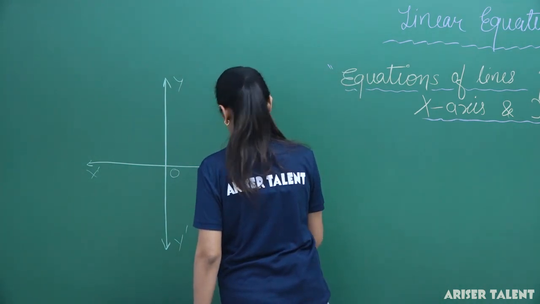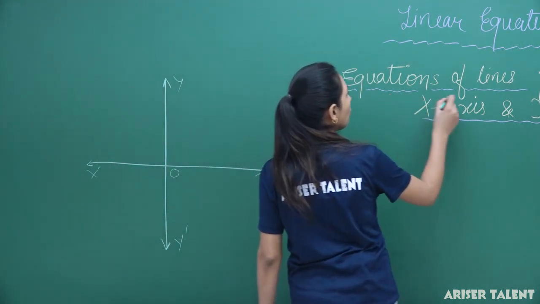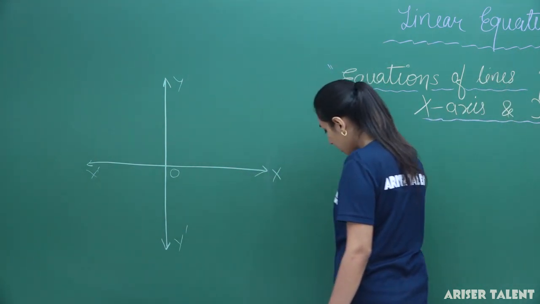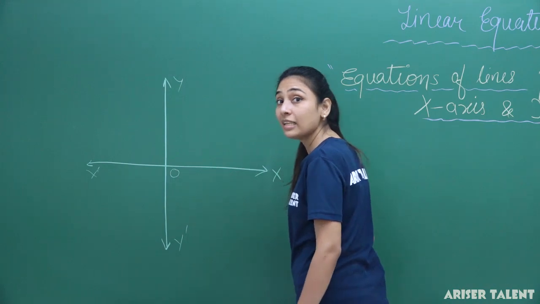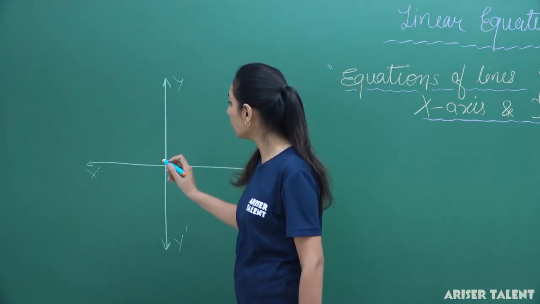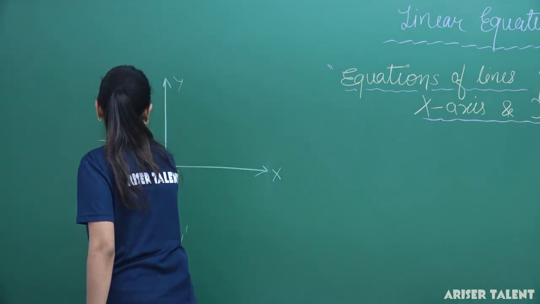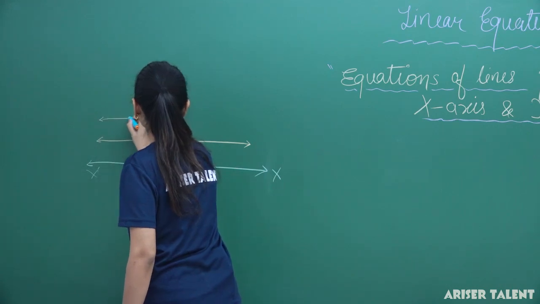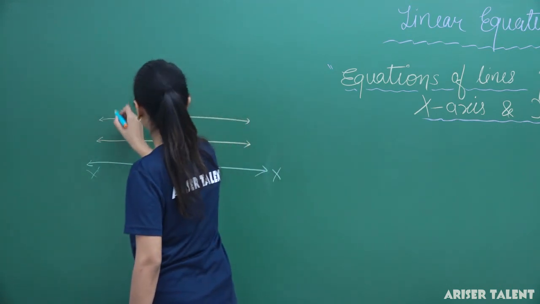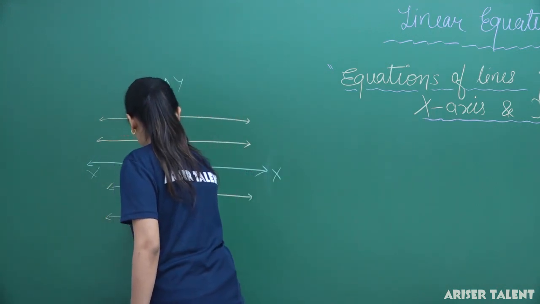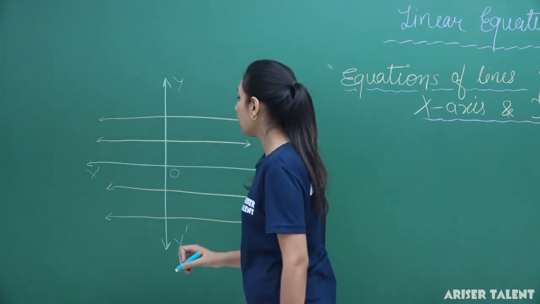Now, what does that mean when I say equation of lines? Now, lines parallel to x-axis is what? Simply this x, o, x dash line or any line here, this line or here this line, here this line. These all lines are what?